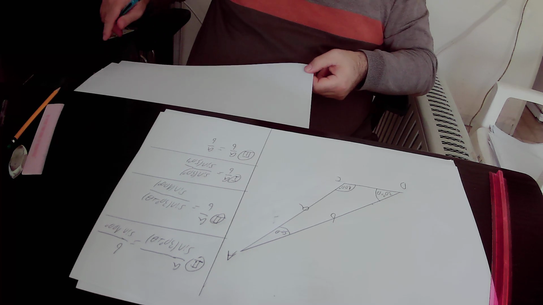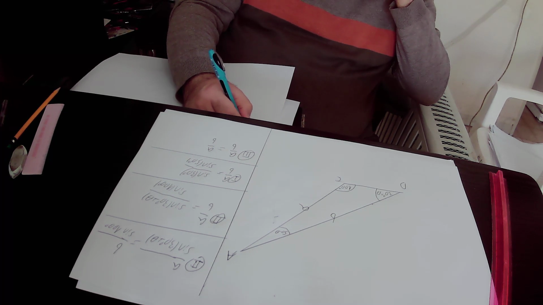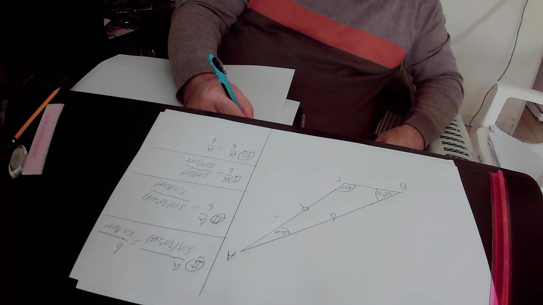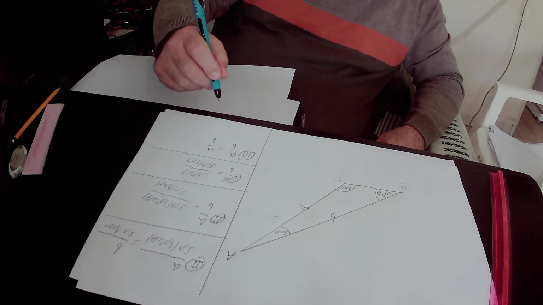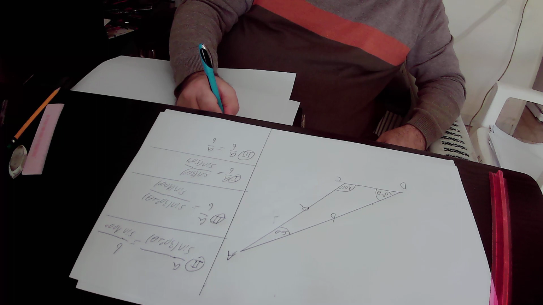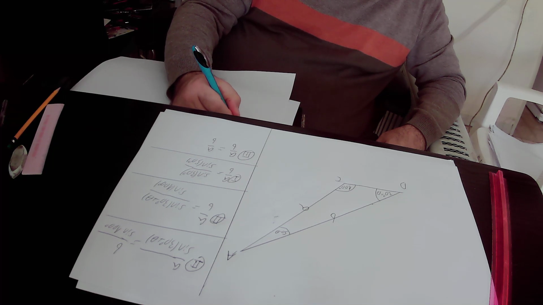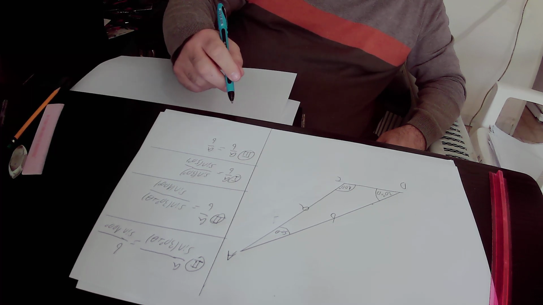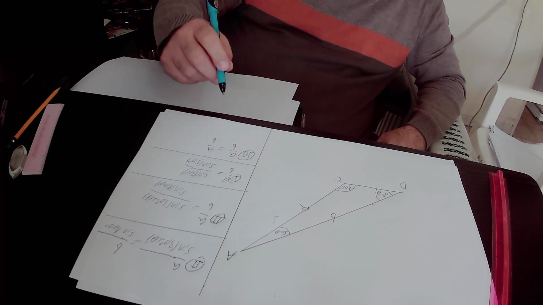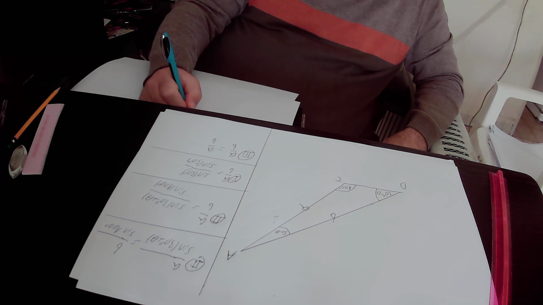So according to equation number 3, a over b according to equation number 1, that is sine 30 degrees over sine 50 degrees, must be equal to a over b according to equation number 2, that is actually sine 30 degrees plus theta over sine 100 degrees.